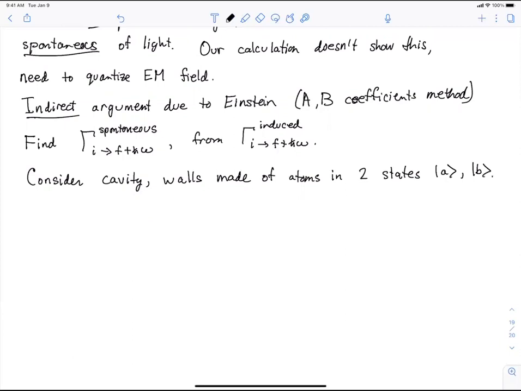But we're going to assume that one of the states is higher in energy. The B state is going to be higher in energy than the A state by an amount that we're going to call h bar omega. And that means the state B can transition to the state A by giving off a photon, and A can transition to B by absorbing a photon.